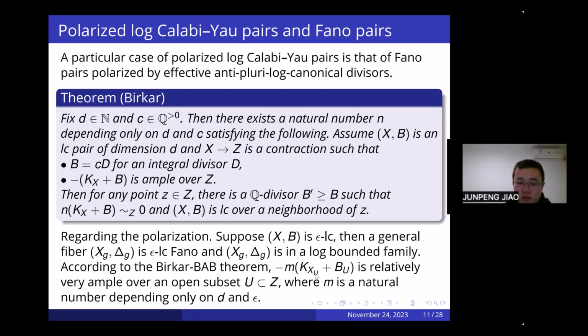Then we choose a general element in this linear system. We let it be N_u, and let N be the closure of N_u. Then this N naturally gives a polarization on the general fiber.